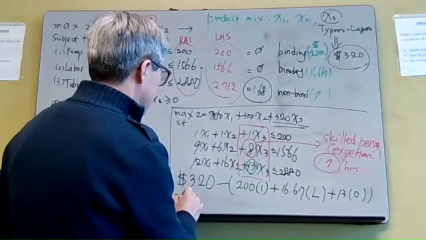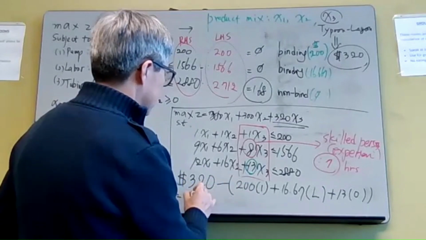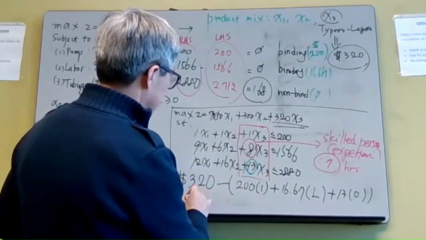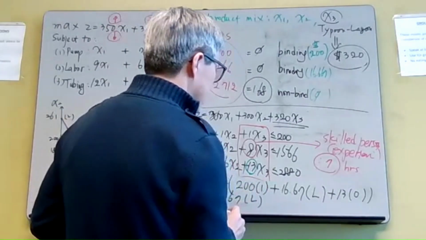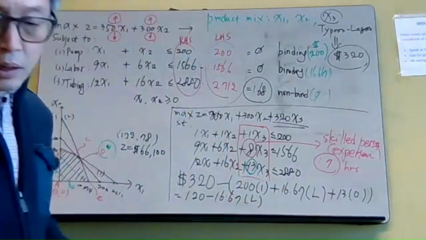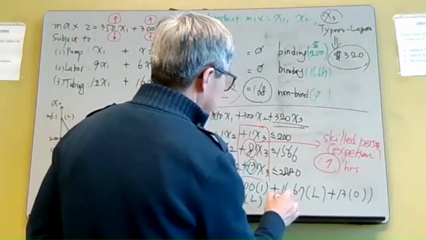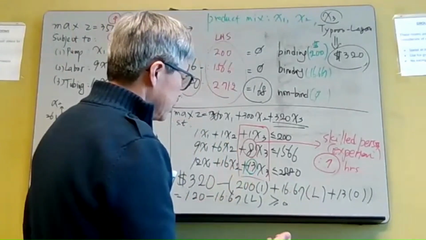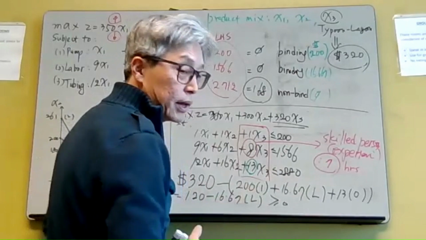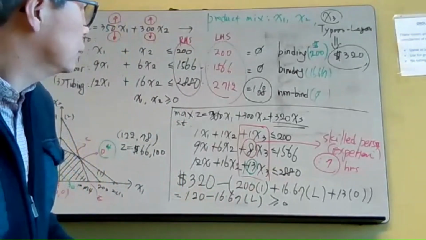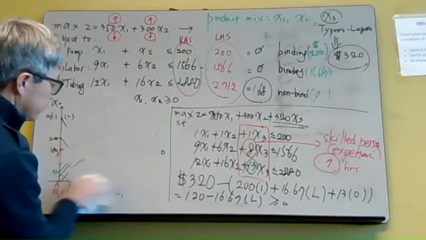So that is 120 minus 16.67 L, right? That should be greater than or equal to 0. If it is 0, it's the even point. If it is greater than 0, that actually has extra profit. So I'm going to delete this graph.